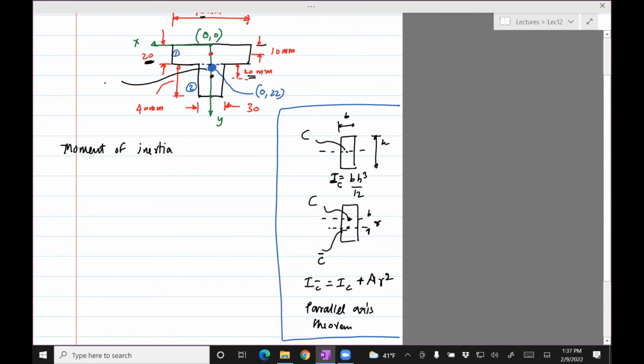Let's call it G, about the neutral axis, so point G. For that, I need to find the inertia of 1 about G plus the inertia of 2 about G.